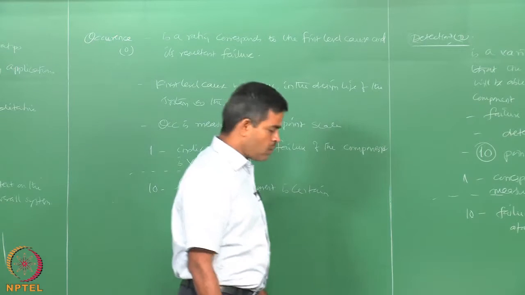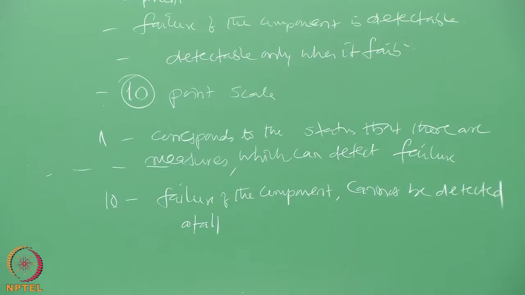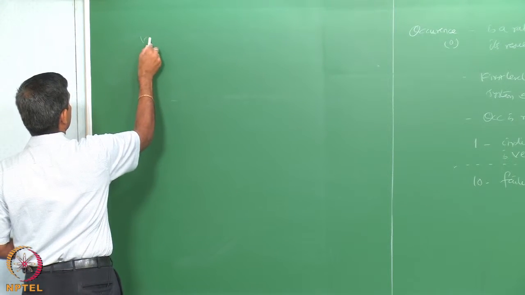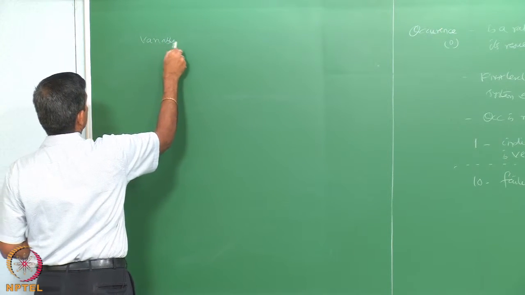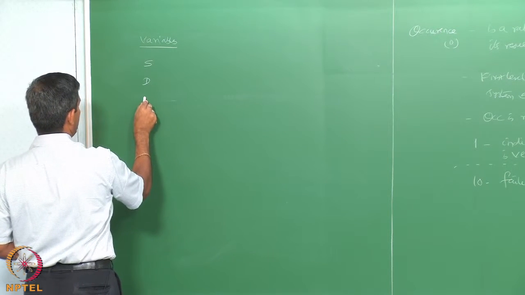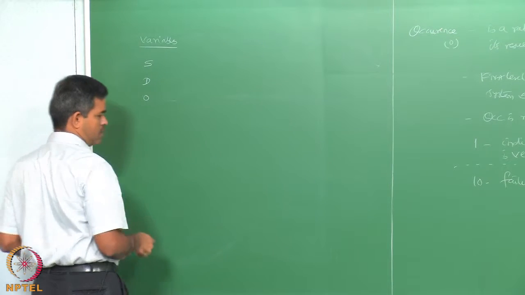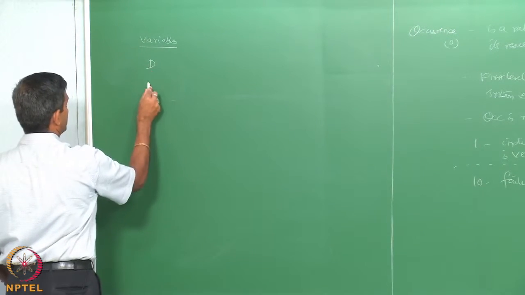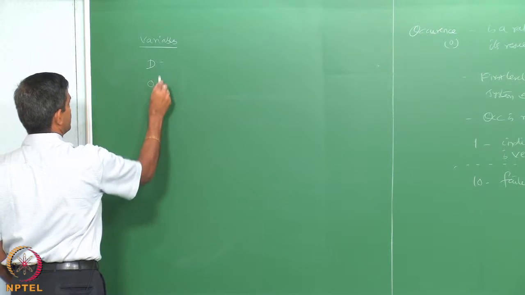So, let us quickly write down the summary. So, we said that variables severity, detectability, occurrence, or we can say DOS, that is better, let us do it in that form, detectability, rate of occurrence and severity.